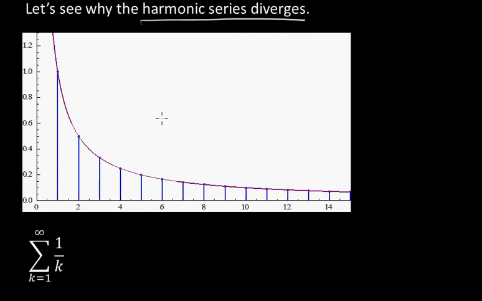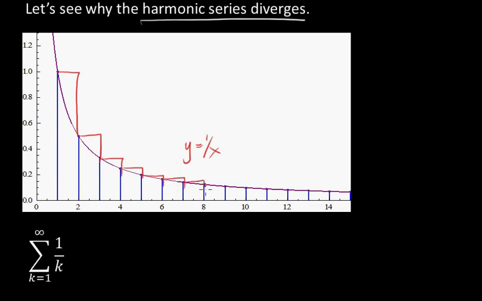Okay, well, let's see. Let me take red here. What I've done is graph y equals 1 over x, and I've got these blue lines coming down from the integer values of x. So this is the point (1, 1) here. And what I'm going to do is just give ourselves some left rectangles.